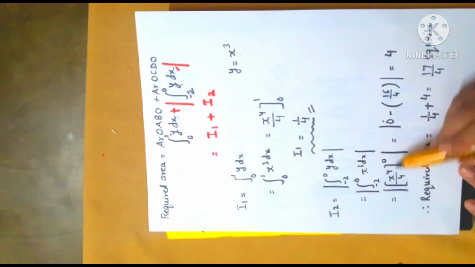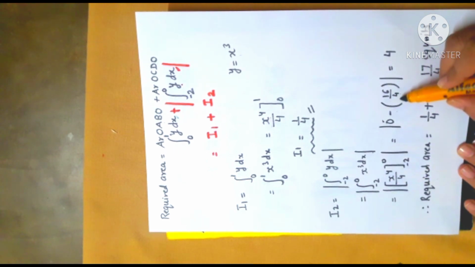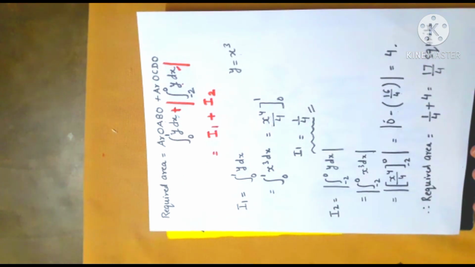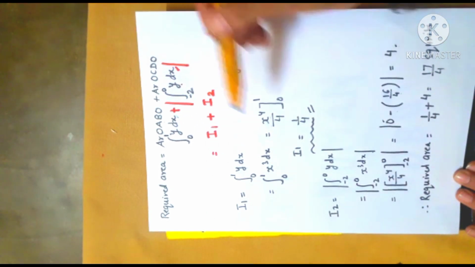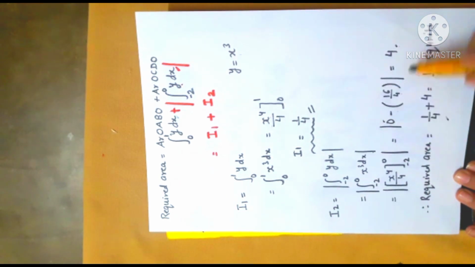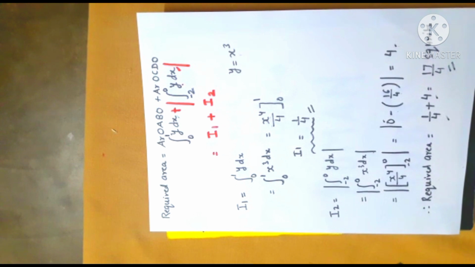Replace x with minus 2. Here I'll get 16 over 4. On simplification, I'll get minus 4 and absolute value of minus 4 is 4. So I2 is 4. So required area, which was I1 plus I2. Now I1 is 1 by 4, I2 is 4. So I'll get 17 by 4 square units.